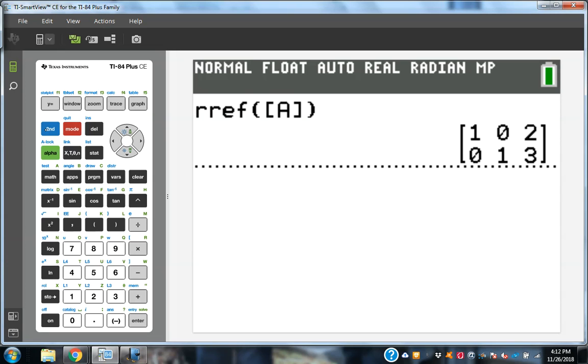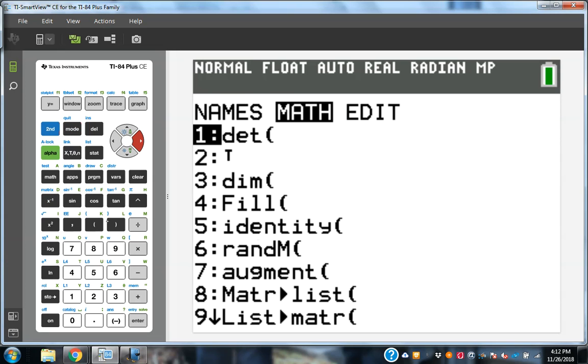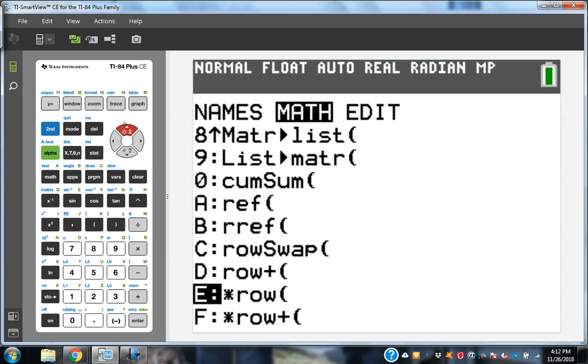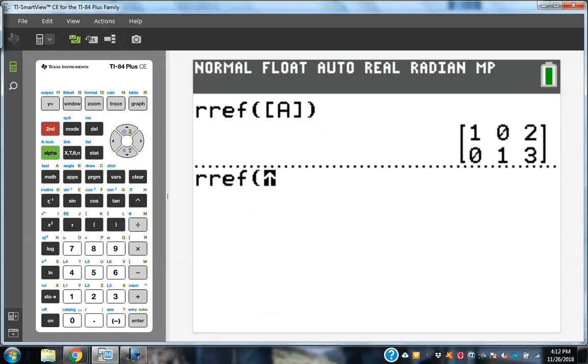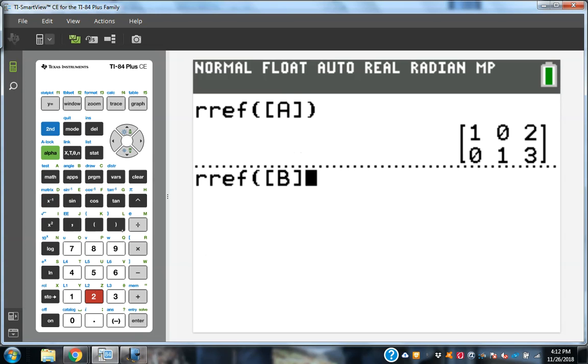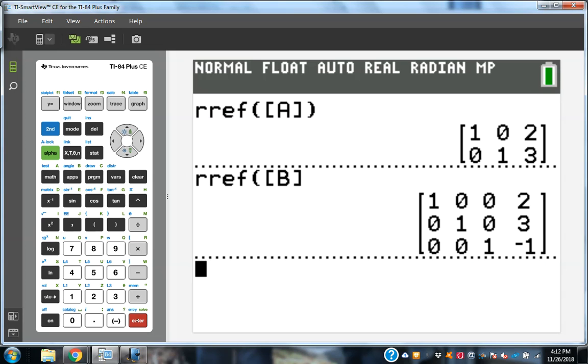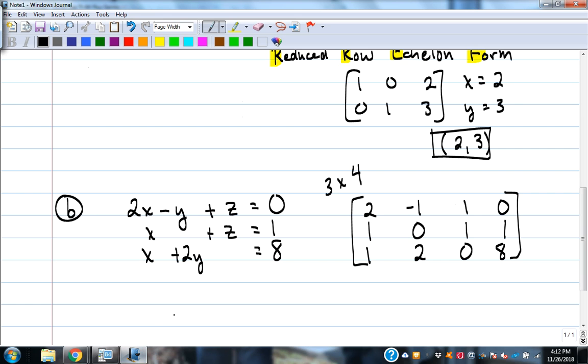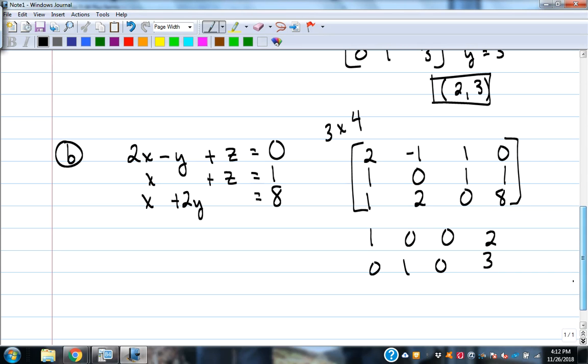Then I'm going to press second matrix, the math menu, press the up arrow, it's quicker to get there. RREF, and then go pick up the matrix that you put it in. I put it in matrix B and hit enter. It gives you that reduced row echelon form: 1, 0, 0, 2, 0, 1, 0, 3, and 0, 0, 1, -1.